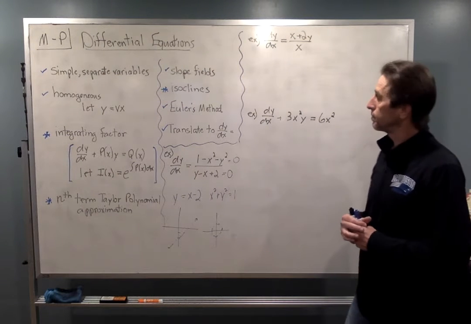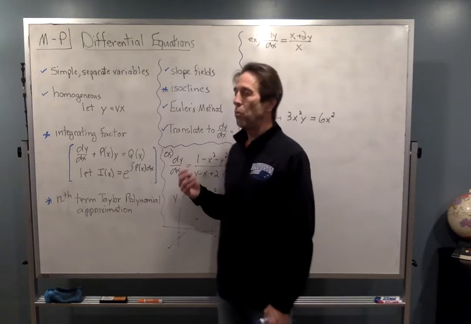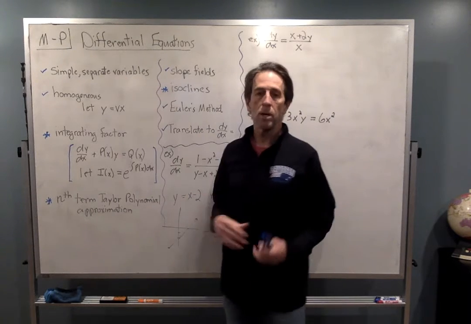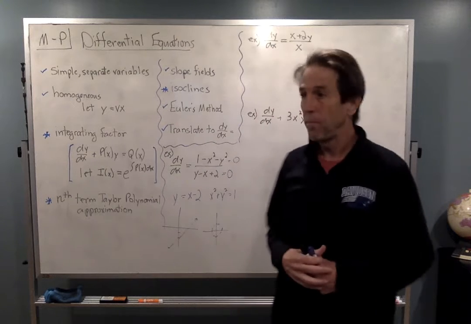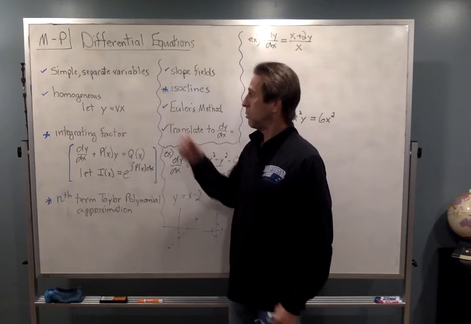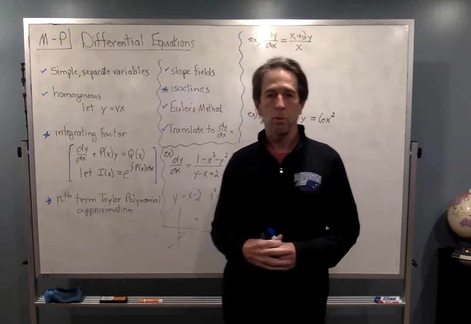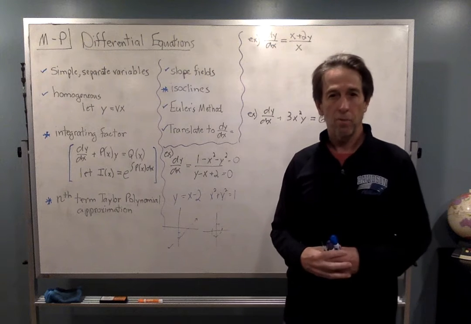Now, the big things I want to focus on are the ways to solve these differential equations that we would consider not simple. The first of these was an optional topic in BC, and they were called homogeneous. Basically, let's say you had trouble separating the variables, or you couldn't, and they were in a very specific format.